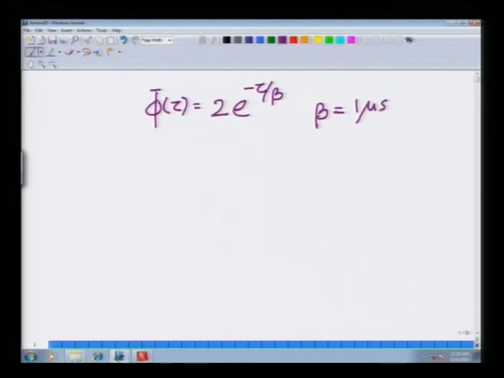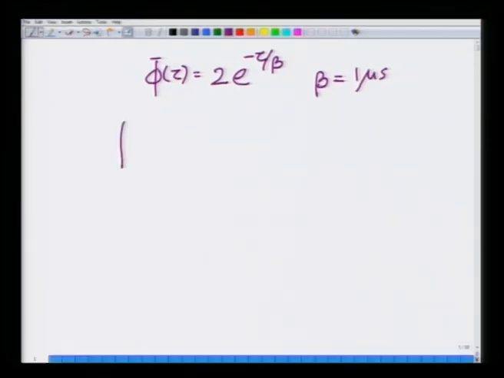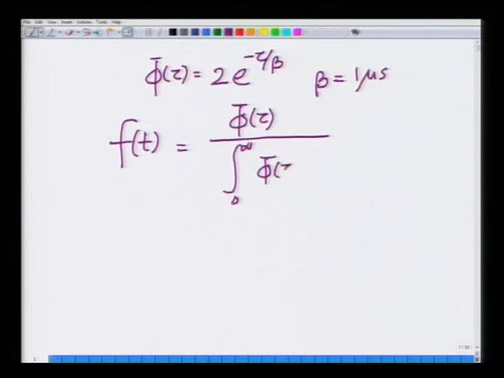The fractional power profile in this case, f of tau, is given as phi bar of tau divided by the integral from 0 to infinity of phi bar of tau d tau. Let me first compute this quantity, the integral of phi bar of tau d tau from 0 to infinity. This is the total power.